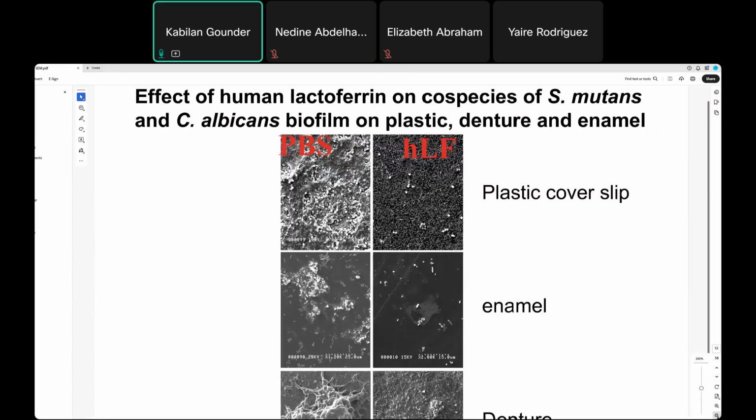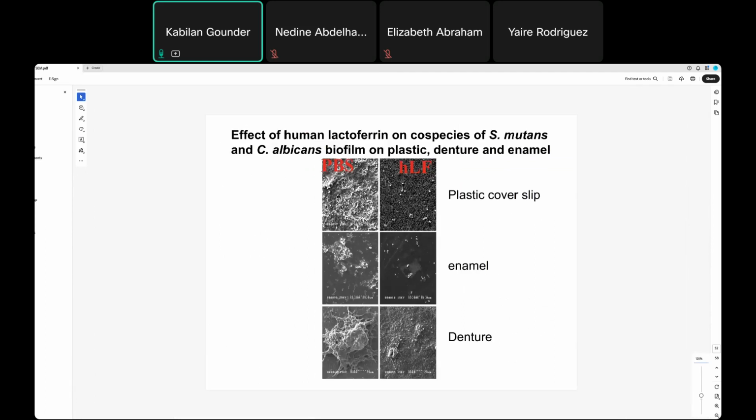This is the human lactoferrin treated group, and this is the PBS treated group. This is a plastic cover glass surface, this is the enamel, and this is the denture surface. So you can see that depending on the surface, the biofilm structure is different.